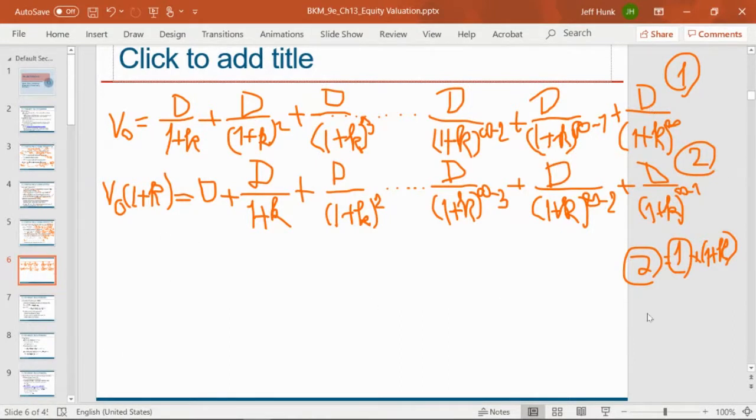Now what I'm going to do is subtract equation 1 from equation 2. Then what's going to happen?